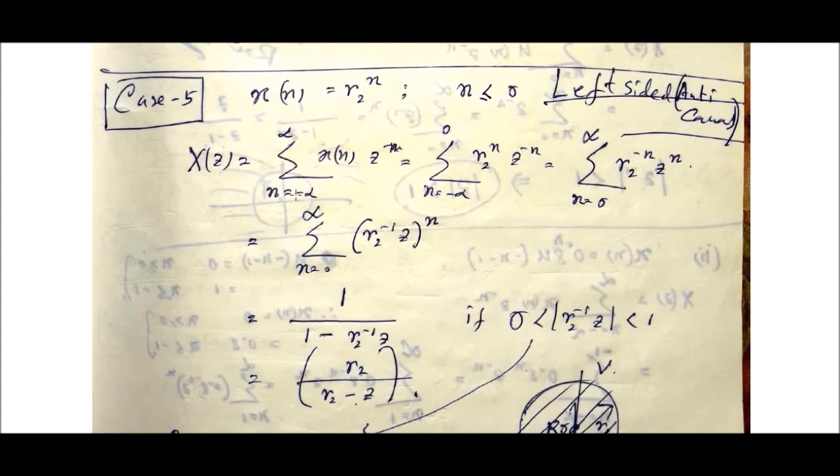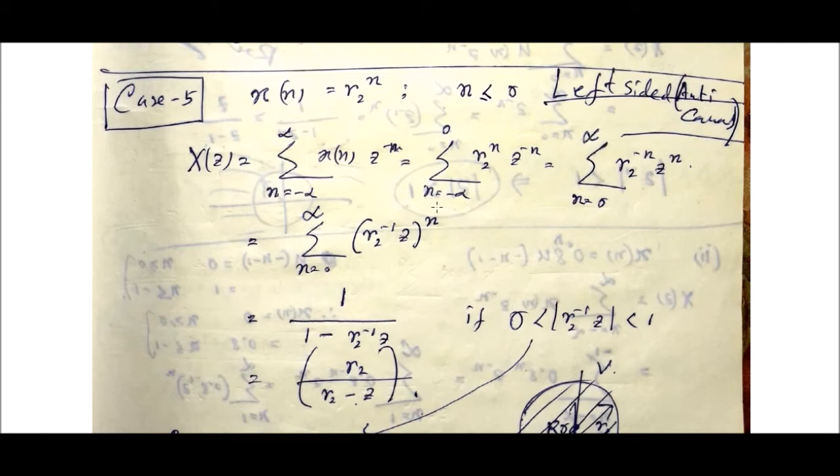To find its Z transformation, put the value of x of n, R2 to the power n, Z to the power minus n, and since it is a left-sided signal, the index starts from minus infinity up to 0, because beyond 0 on the right side there is no sample.